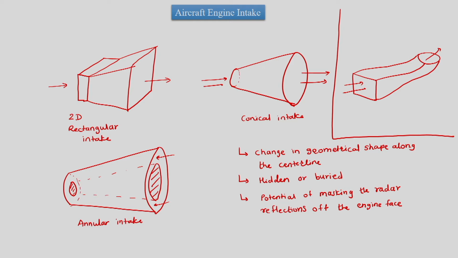So, such intakes are also designed, and all these shapes are practically dependent upon the given speed range of the aircraft or flow regime of the aircraft. If the aircraft is subsonic, then there are different kinds of intakes and shapes, and if it is supersonic, then it will be a different kind.